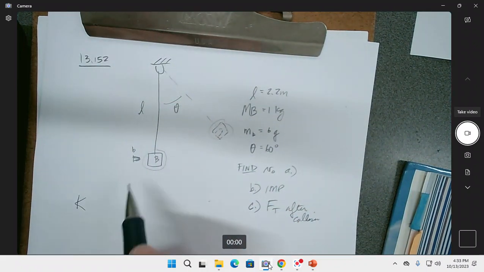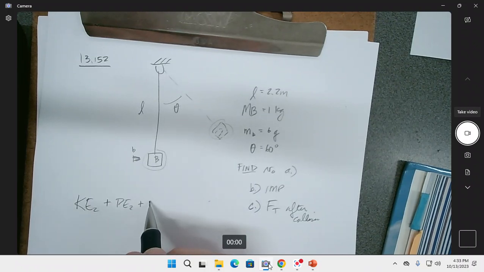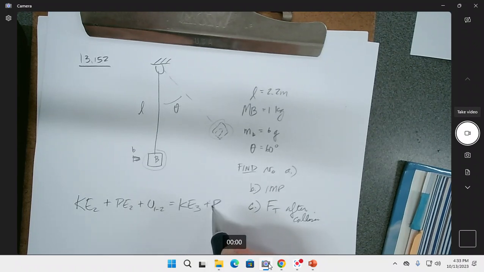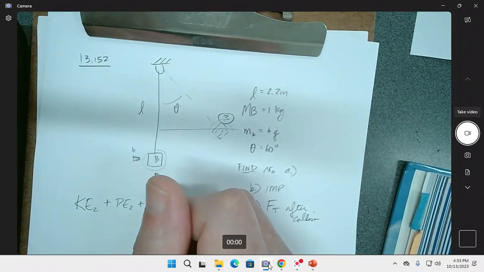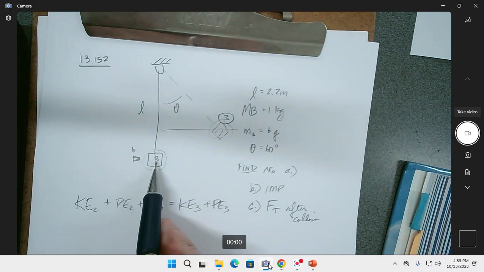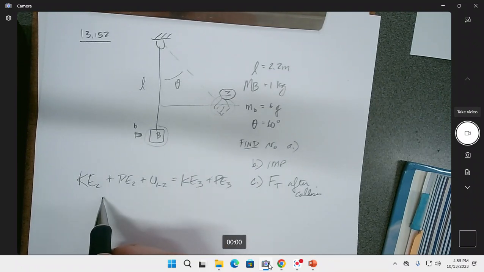So we go, and actually I'm going to call this KE2 plus PE2 plus U1 to 2 is equal to KE3 plus PE3. So we'll establish this is going to be state 3. State 2 is after the bullet has hit it. So you go, I'll just write the thing out to make it quicker.